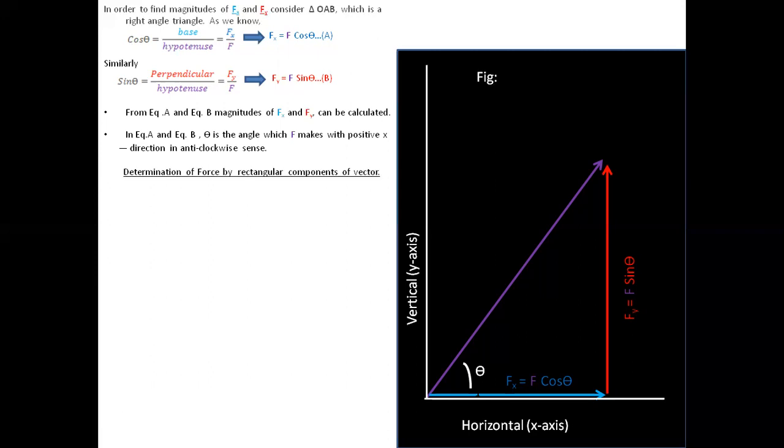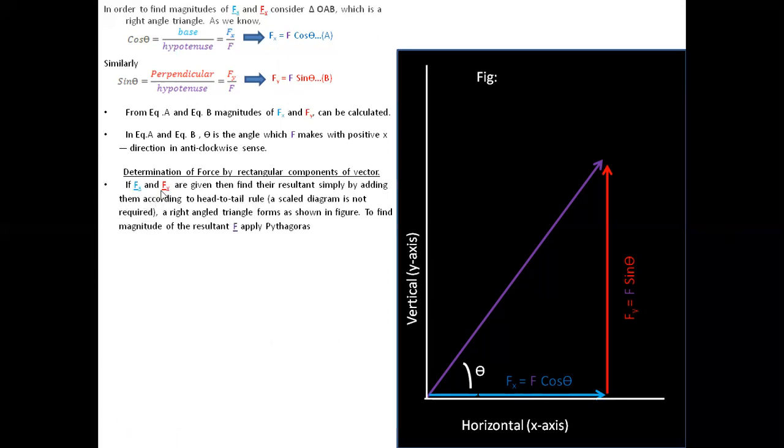Now, how can we determine the force from these components? Very easy. If fx and fy are the given values, find the resultant simply by adding them according to the head to tail rule.